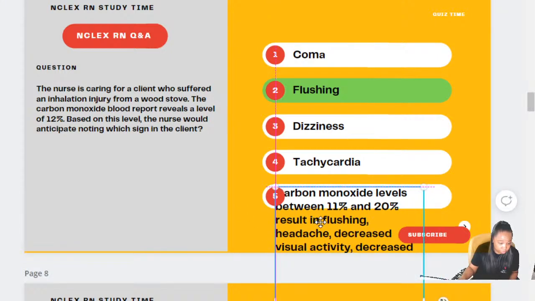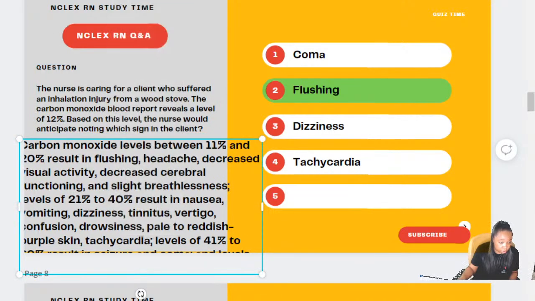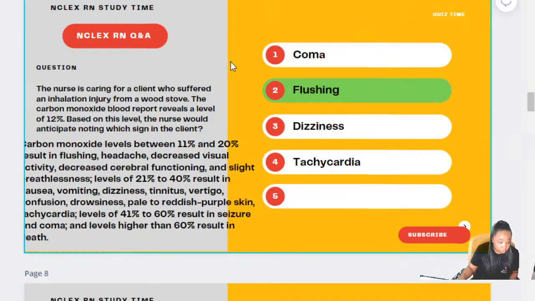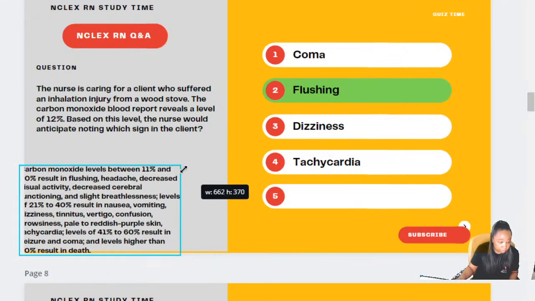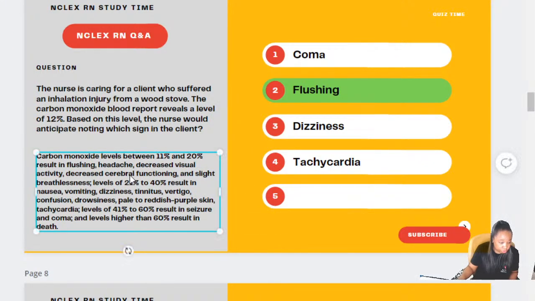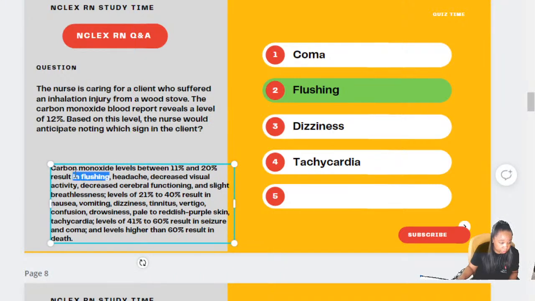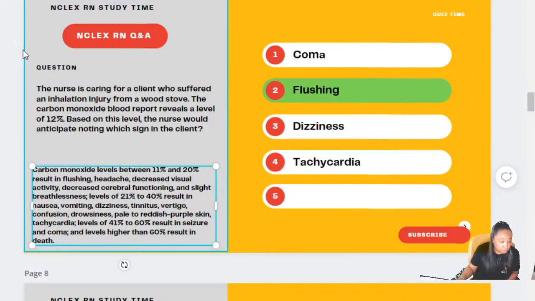Let me drag it over here because you might need that information. Okay, this part right here is the rationale. Let me change the color for you.